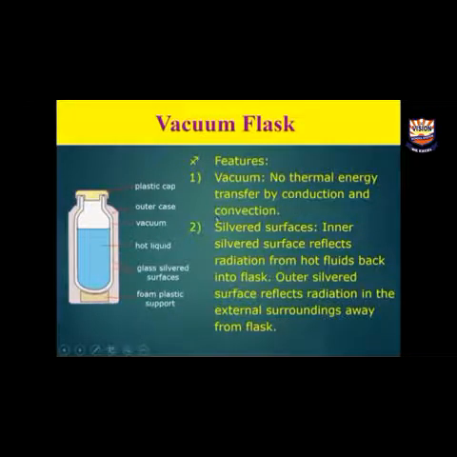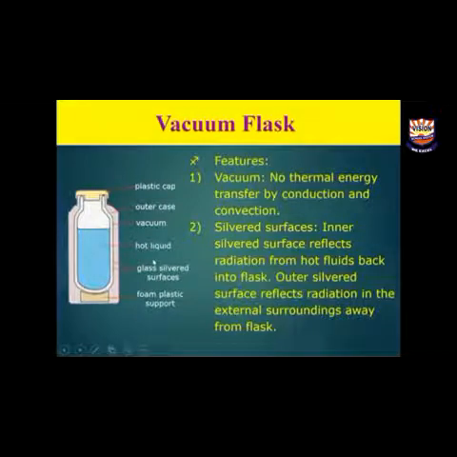In addition, the part with a vacuum has glass and silver surfaces, and over here the plastic cap and a foam. Let's talk about how it prevents heat transfer. If there is a vacuum, it prevents energy transfer by conduction and convection.